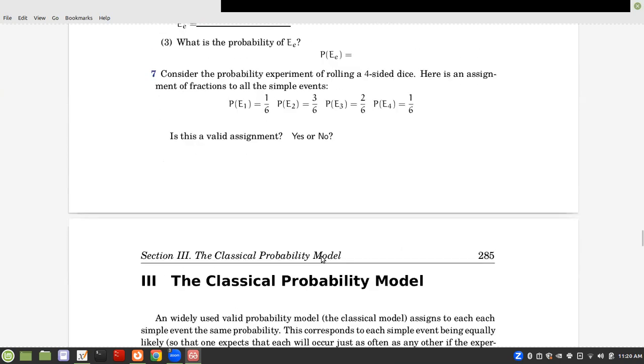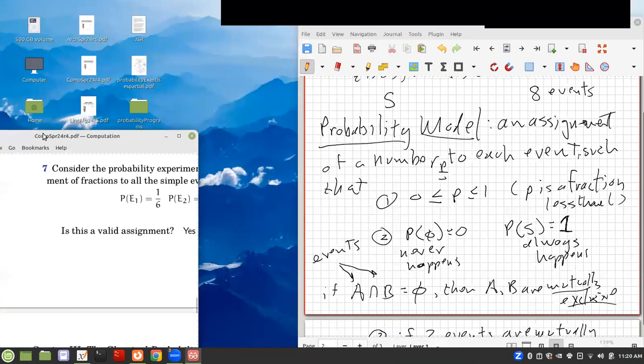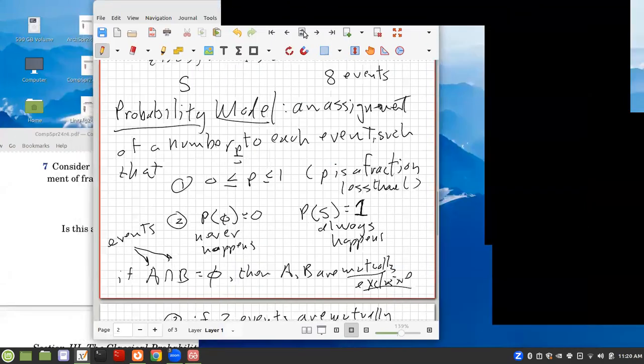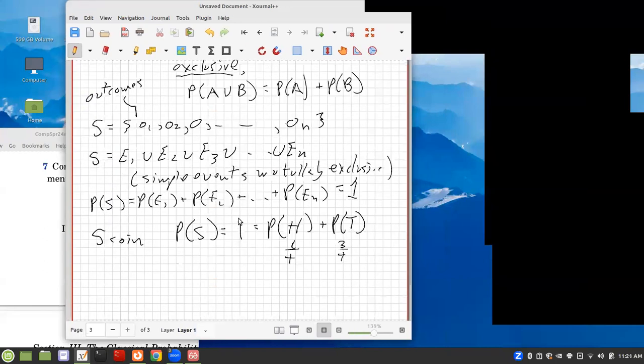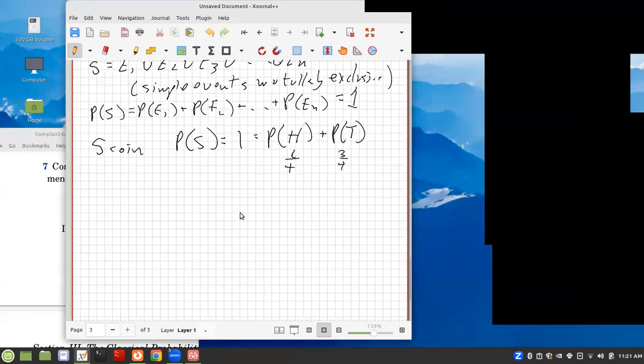Okay, so for the probability model, there's general ones, right? And that would just be situations in which you have to specify a probability model.